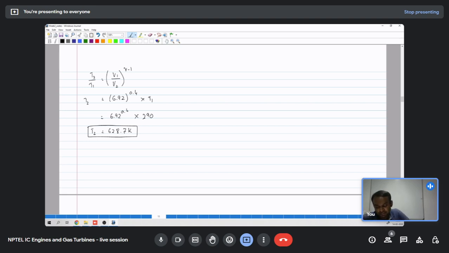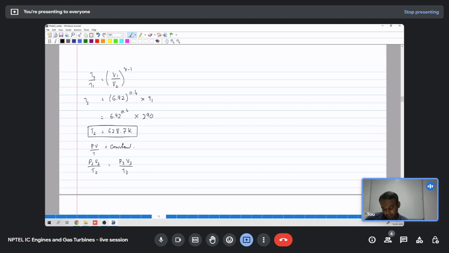Now we need to calculate T3. Using the relation PV by temperature is equal to constant. This is the ideal gas relation. So for any kind of closed process, when there is no change in mass, this equation holds good. So writing this for state 2 and 3, we have P2 V2 by T2 is equal to P3 V3 by T3.